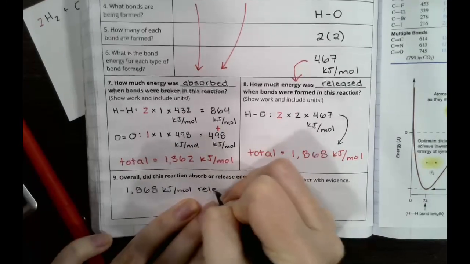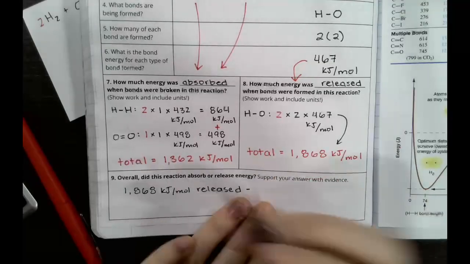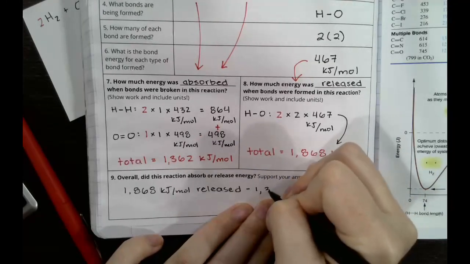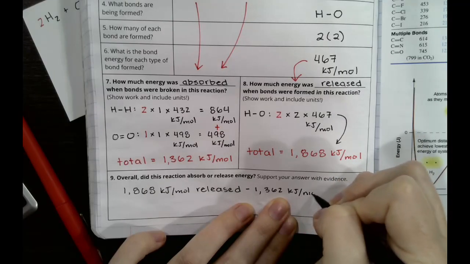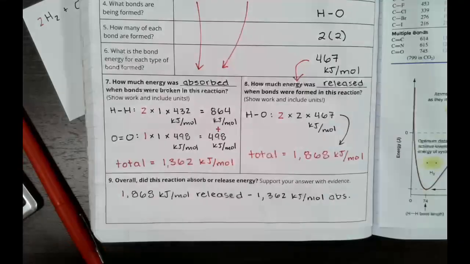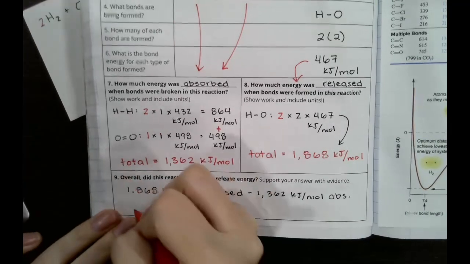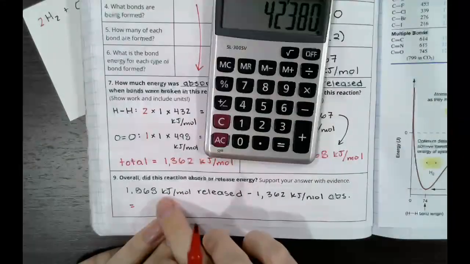And let's subtract the energy that was absorbed. 1,362 kilojoules per mole absorbed. When we do that math, that's going to give us our net enthalpy of reaction, meaning what we gained minus what we lost. You'll hear that in economics as well.